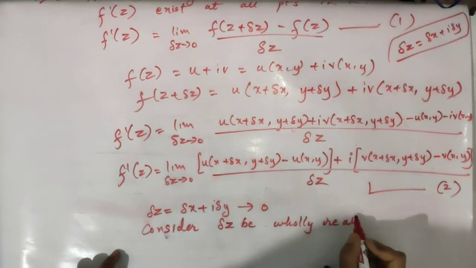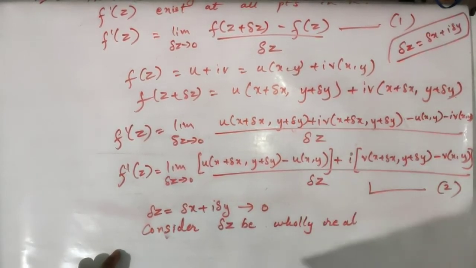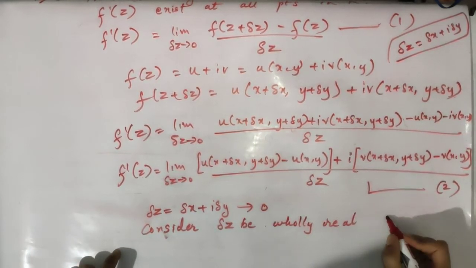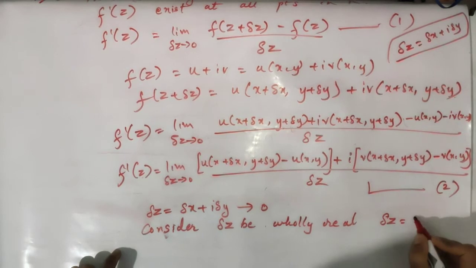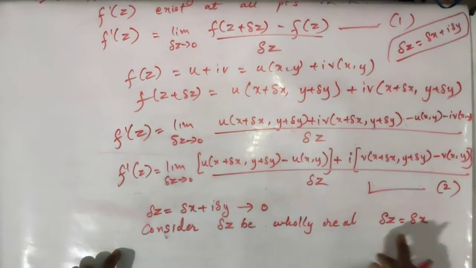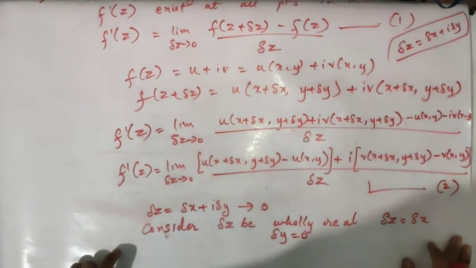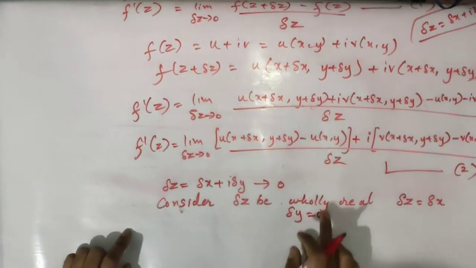Wholly real means what? No imaginary part, is it not? No imaginary part means delta y tending to 0, delta y is equal to 0, meaning delta z is equal to delta x. It means delta y is 0. What do you all say?